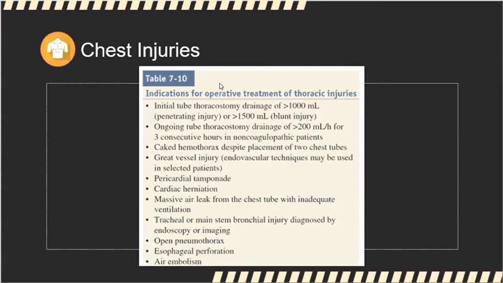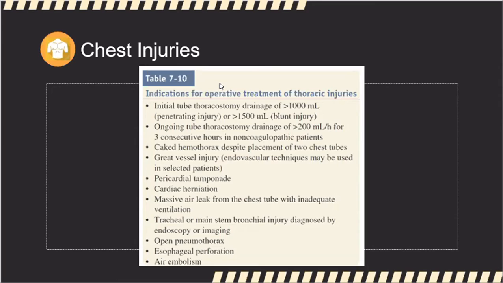So, the most common injuries to the chest are caused by blunt or penetrating trauma. If you're considering a possible pneumothorax or hemothorax based on your history, physical examination, and chest findings, the management is the placement of your chest tube, especially for hemothorax.